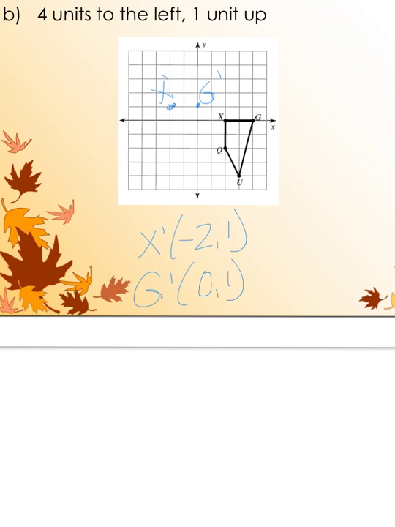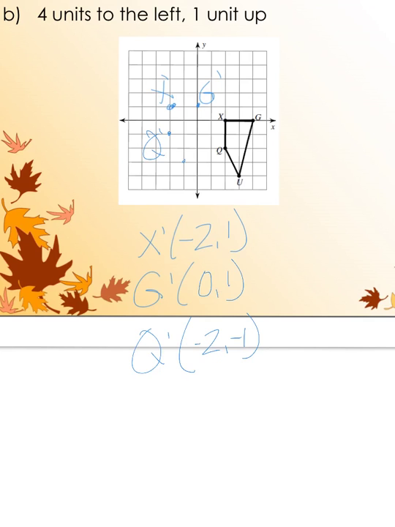Moving to Q, again, you can do these in any order. It does not matter at all. So Q, 1, 2, 3, 4, up 1. So Q prime falls at -2, -1. Last but not least, we have to do U. 4 units to the left. 1, 2, 3, 4.